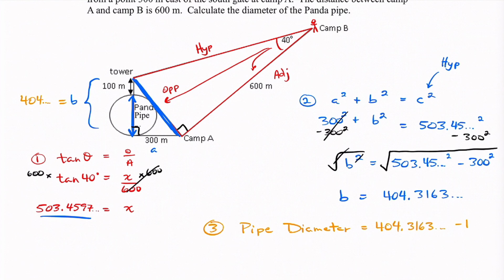That gives us 304.4533163. It didn't say what to round to, but for this we're going to round to the nearest whole. So we get 304 meters, and that is our final answer.